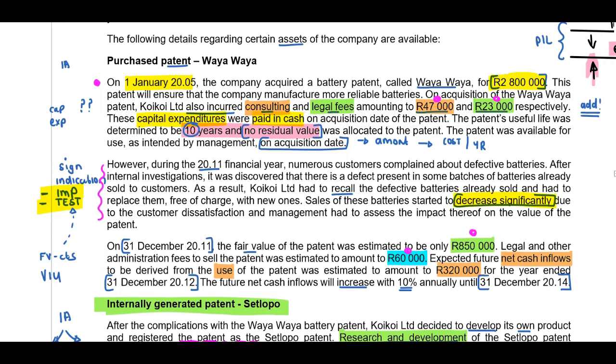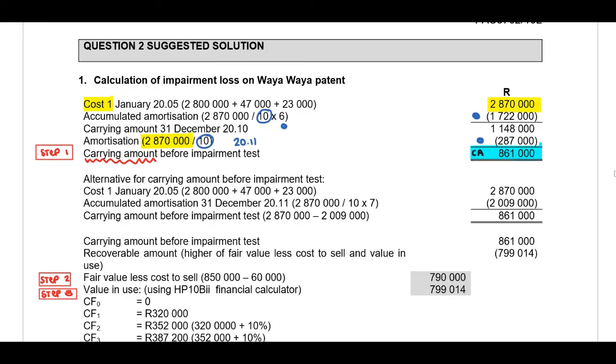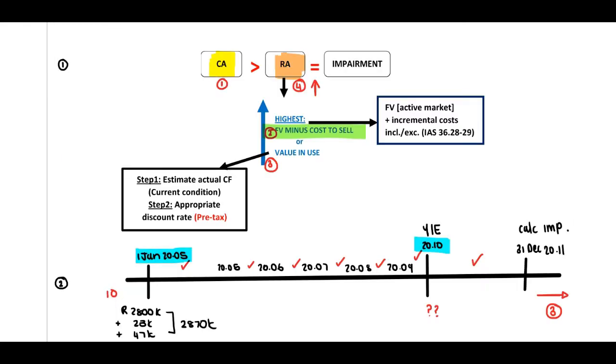Therefore, fair value 850 minus 60,000, which is our step number 2. Look at the left side, please. Fair value less cost to sell, 800,000 minus 60,000, and this will be 790,000.